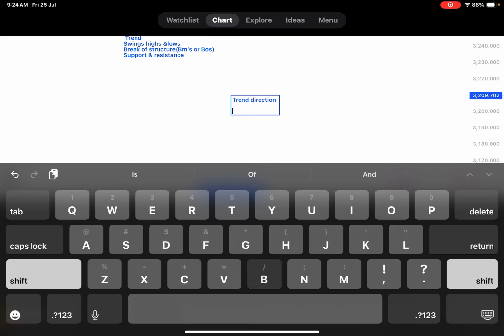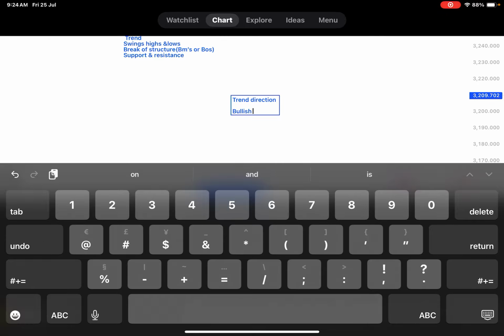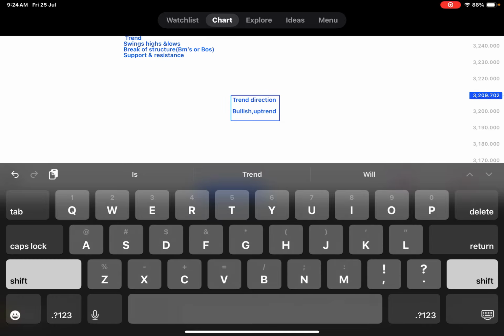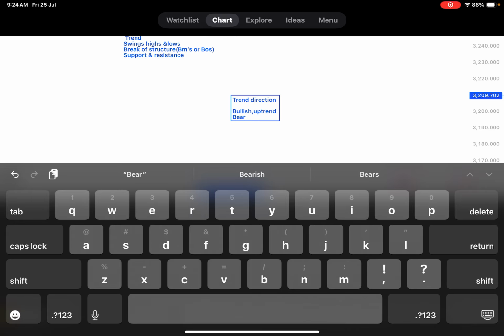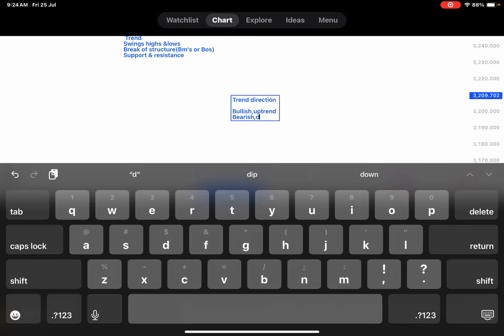And we have three of them. We have the bullish, which is called the bullish or uptrend. Then we have the bearish, or downtrend.